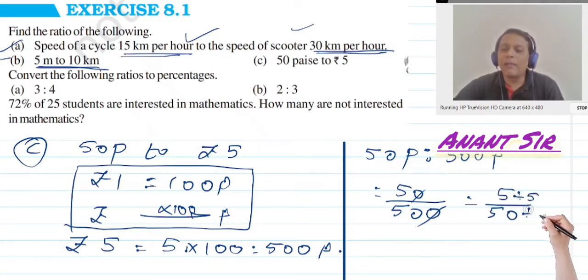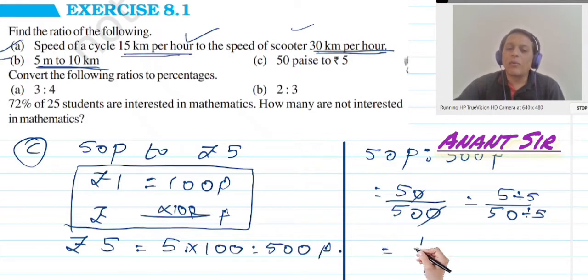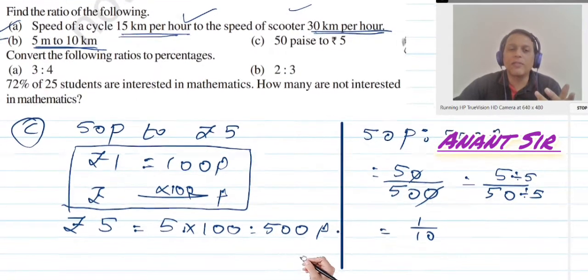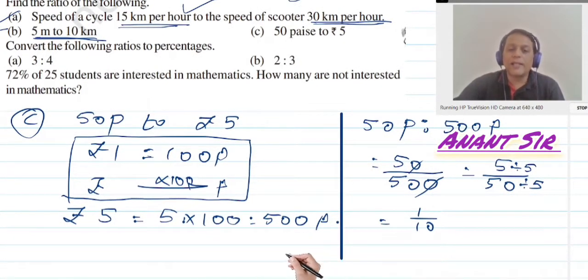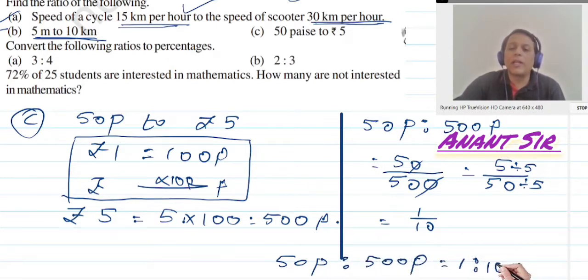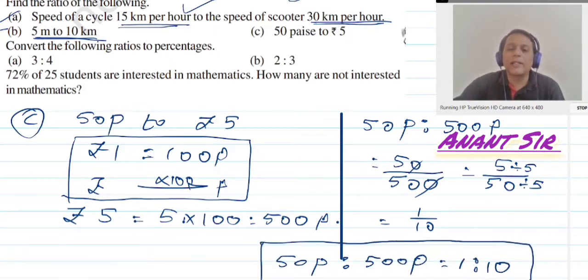So if you divide both by 5, what will be your answer? It will be 5 ones are 5, 5 tens are 50. So this is your final answer, friends. So you can write the answer as 50 paise to 500 paise is 1 is to 10. This is your final answer for the question.